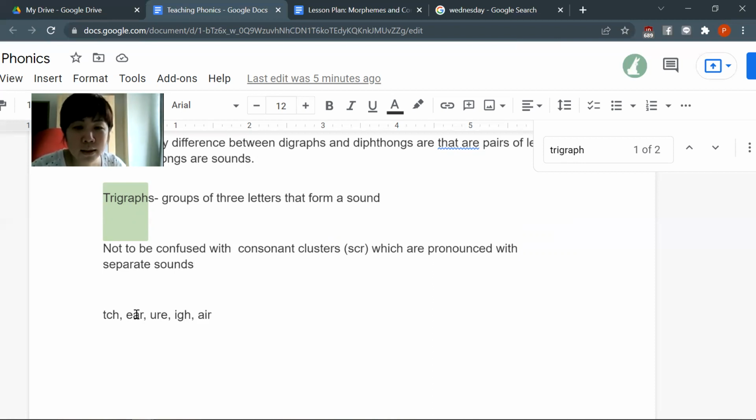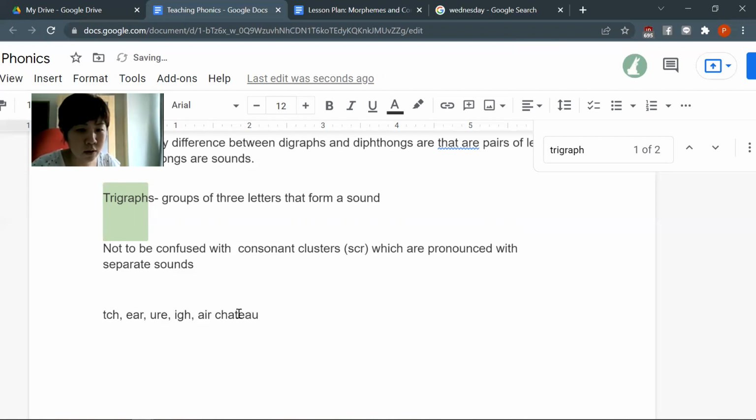The word chateau comes from French. It means castle. This one, I can't spell it. C-H-A-T-E-A-U.